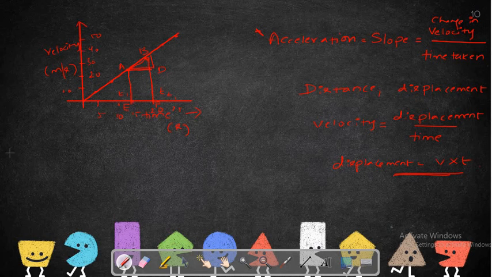So if I want to get the value of displacement, I need to take the area under this curve. Area under these points I need to take. So I will take displacement as S, that is equal to the area A E F D B. If you are not seeing this, I will change the color to yellow.